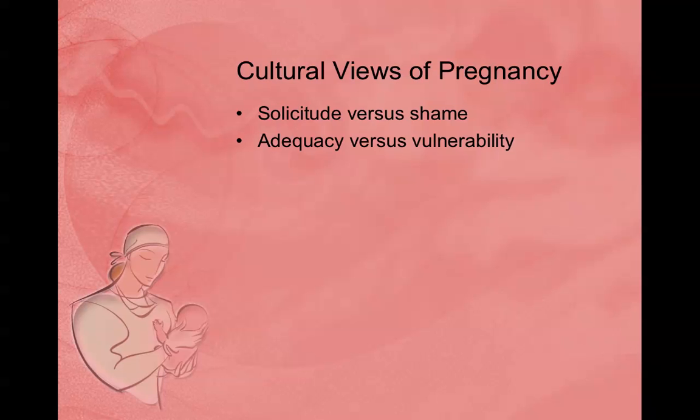If the pregnancy is to be hidden and kept secret, the view of pregnancy is that of shame. If the pregnant woman is seen as powerful and attractive, she is seen to be adequate. If she is seen as vulnerable and needing protection, the view of pregnancy is that of vulnerability.